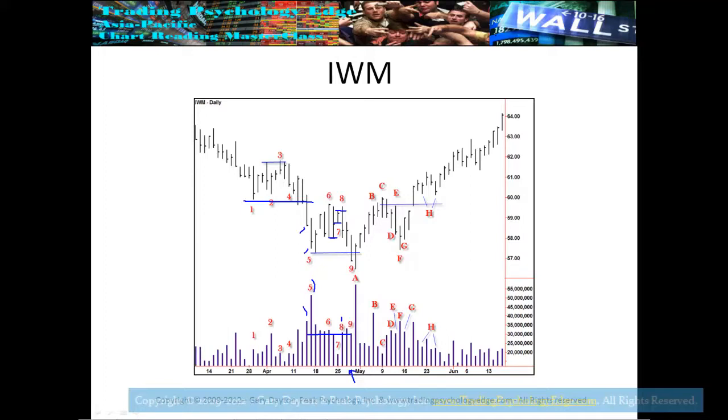Now as we break underneath 5, we see about half of that volume, right? So it doesn't mean you would jump in and buy on the low of 9. That would be kind of crazy to do, but you would be noting that. You're saying, boy, we're breaking down below the lows here of 5 and we're doing it on lower volume. And I wonder if this is going to really continue to go down.